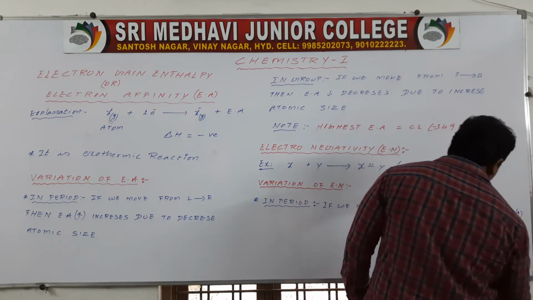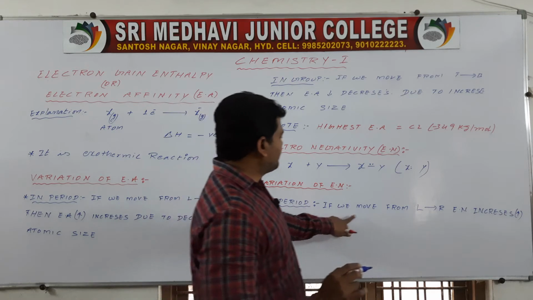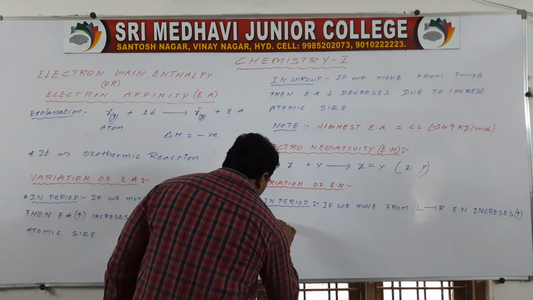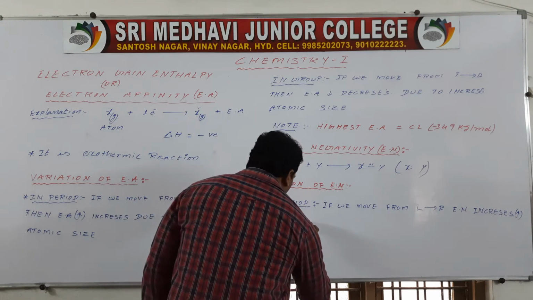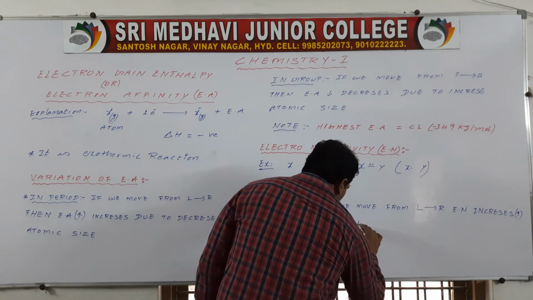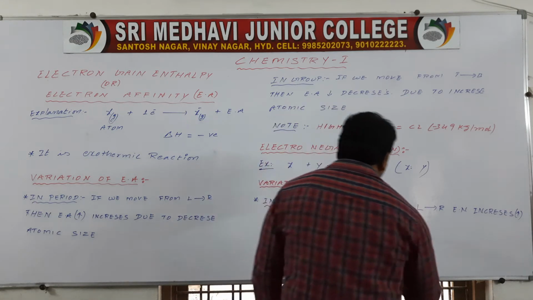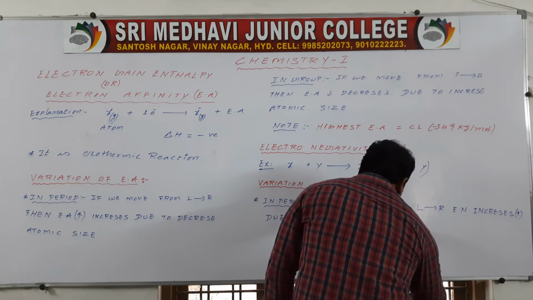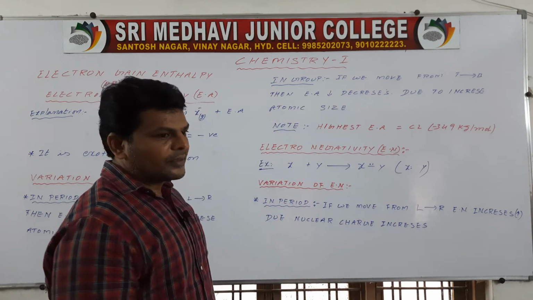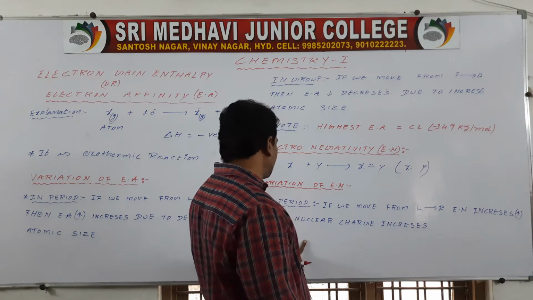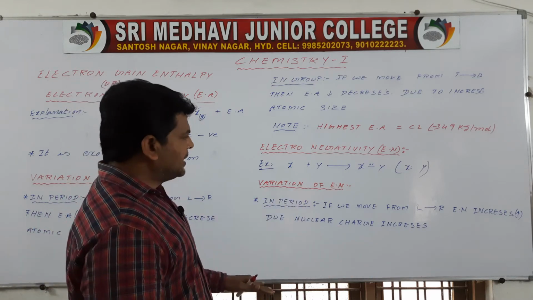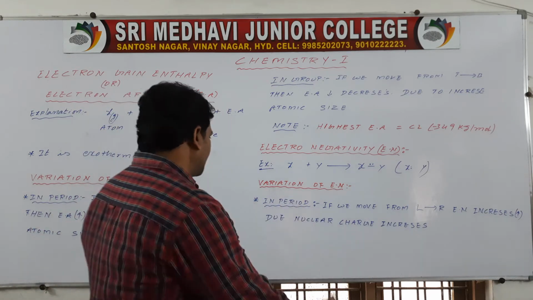Electronegativity increases due to increase in nuclear charge. So if we move from left to right, electronegativity increases due to increasing nuclear charge.